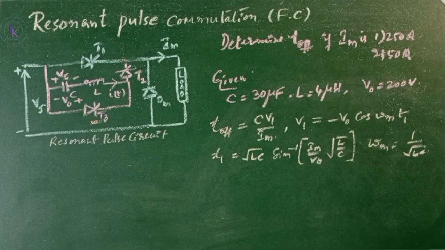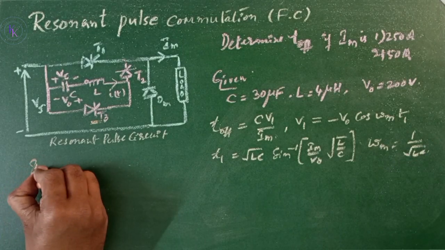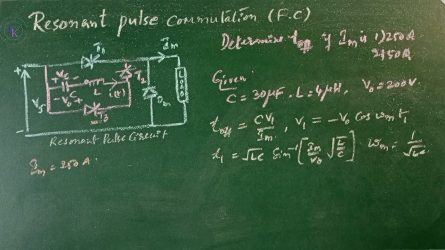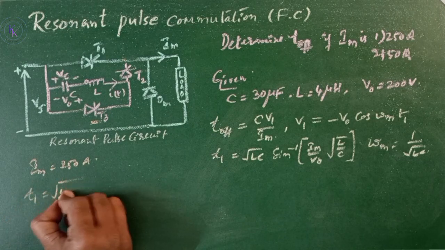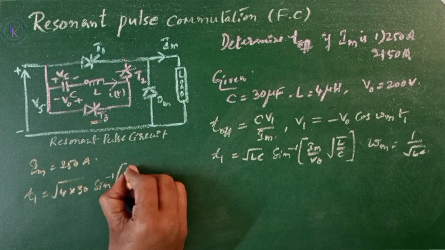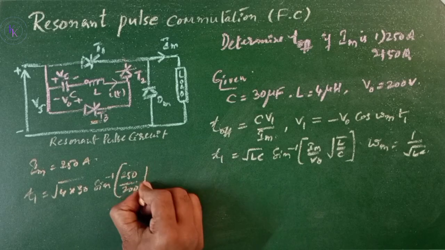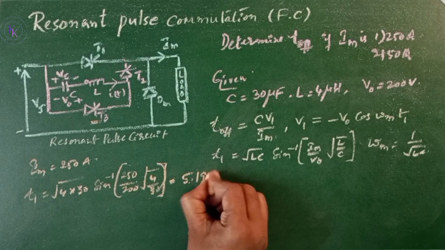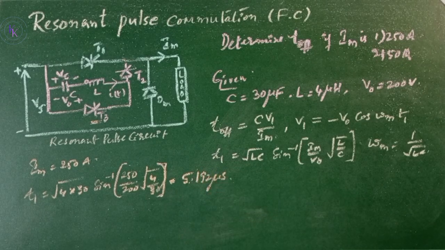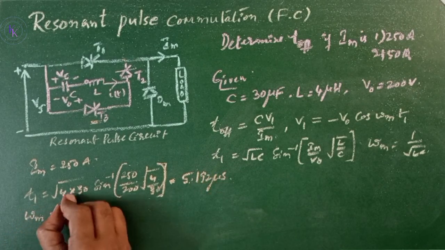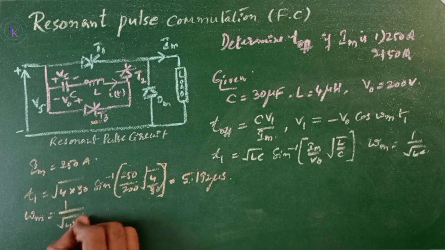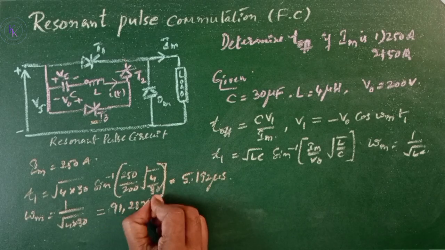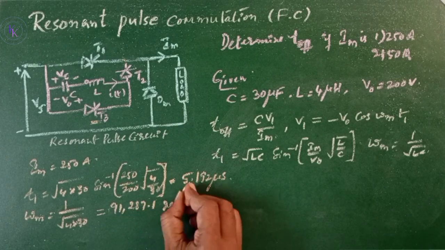Using these formulas, let us find out the first case where Im equals 250 amps. Now, let us find the value of T1: √(4×30) sin⁻¹(250 / (200 √(4/30))) equals 5.192 microseconds. Now, ωm equals 1/√(4×30), which equals 91,287.1 radians per second.